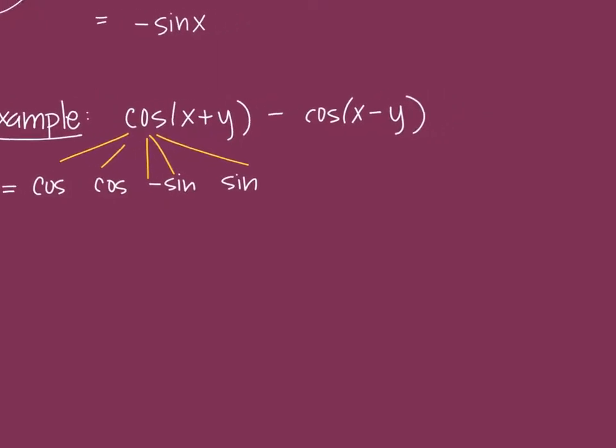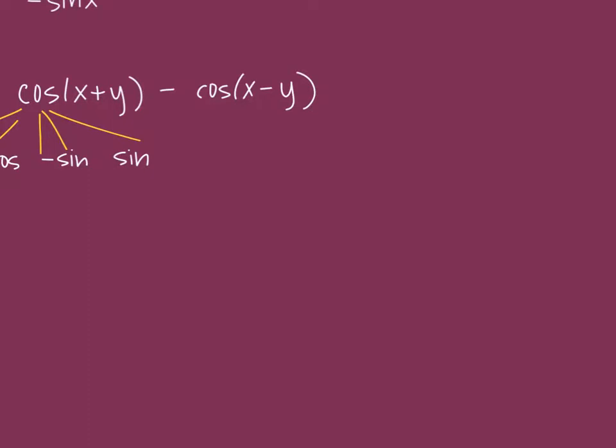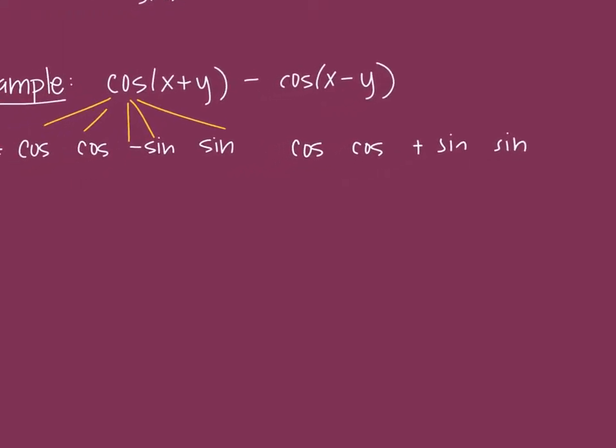Then I also have the cheer for this one: cosine, cosine, sine, sign change, sine, sine. All right, and then I fill in a positive x, positive y, positive x, positive y. Then there's this minus sign here, so minus all of this.